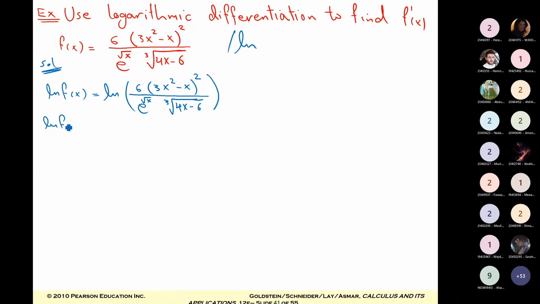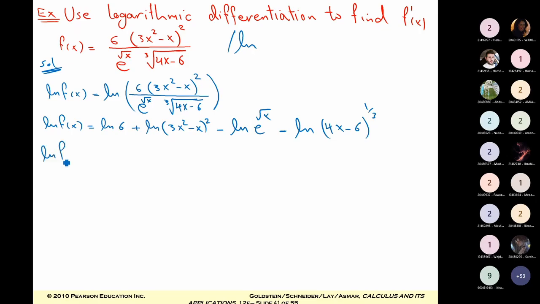Now, distribute the ln. So we have ln 6 plus ln (3x squared minus x) all squared, minus ln e to the power radical x, minus ln (4x minus 6) all to the power 1 over 3, because the cube root equals 1 over 3.